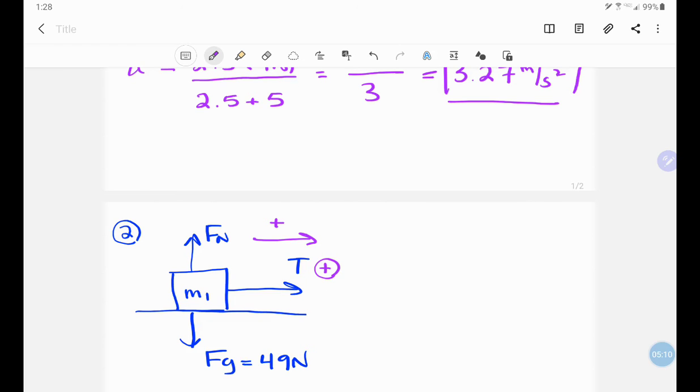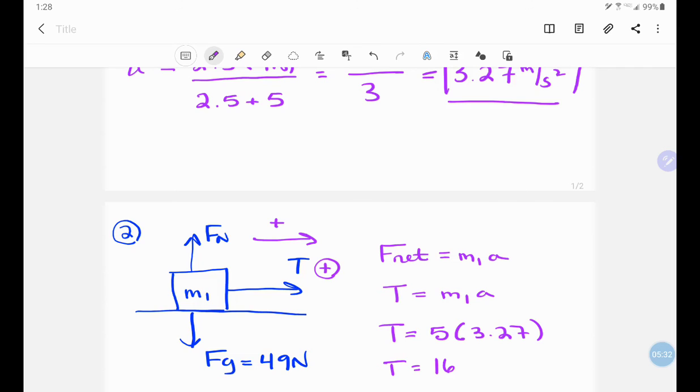So if I write out just F net for mass 1, I get tension equals M1A. So tension will be 5 times 3.27, which is 16.3 newtons.